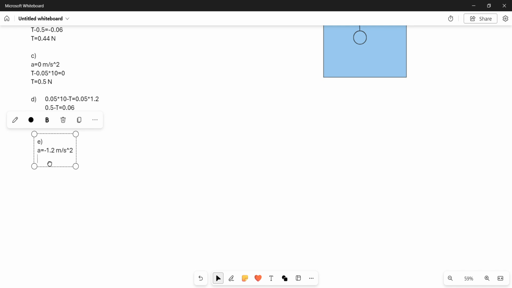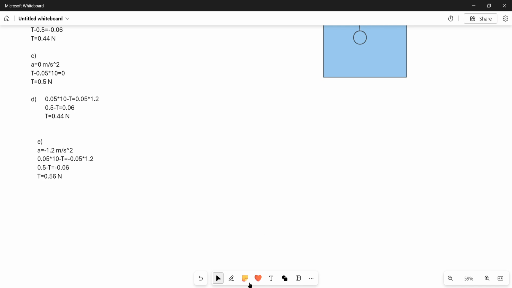So it becomes 0.05 into 10 minus tension T should be equal to minus 0.05 into 1.2. So 0.5 minus tension T is equal to minus 0.06. Here the tension T is equal to 0.56 newtons. We got the value of tension T.